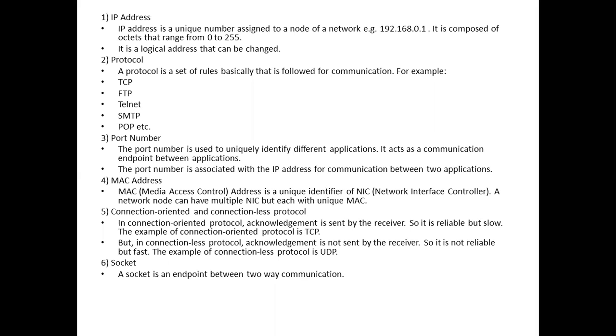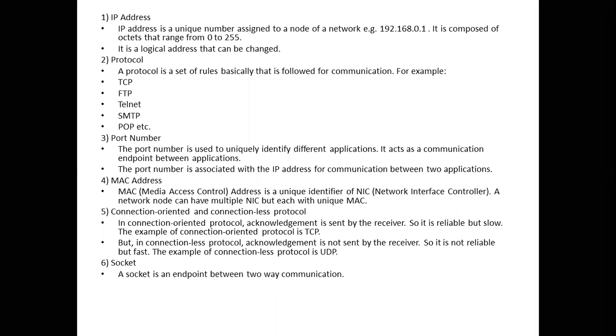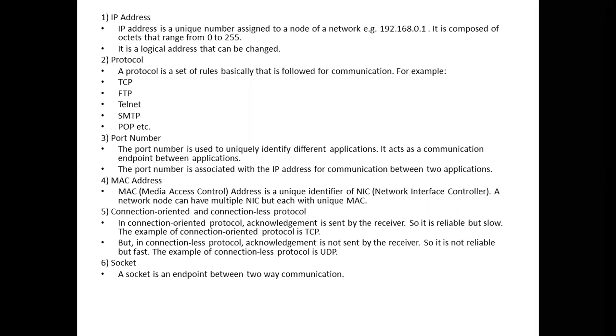So it is reliable, but quite slow, because we are using connection oriented protocol, that is TCP. Similarly, we have a connectionless protocol, in which acknowledgement is not sent by the receiver. So it is not so reliable, but it is fast. We use the concept of datagrams in this, that is User Datagram Protocol.